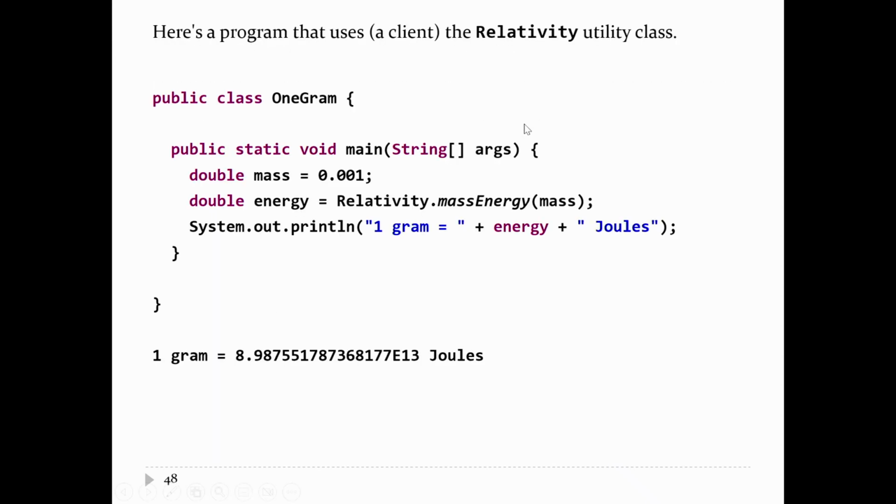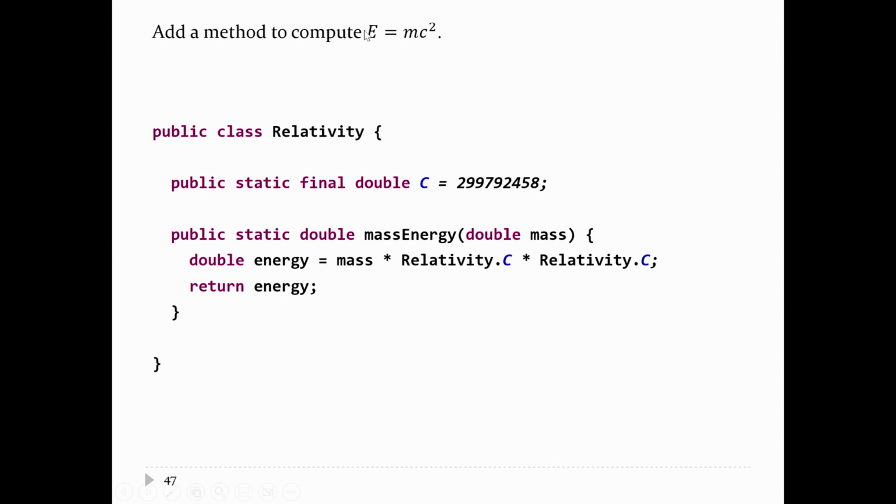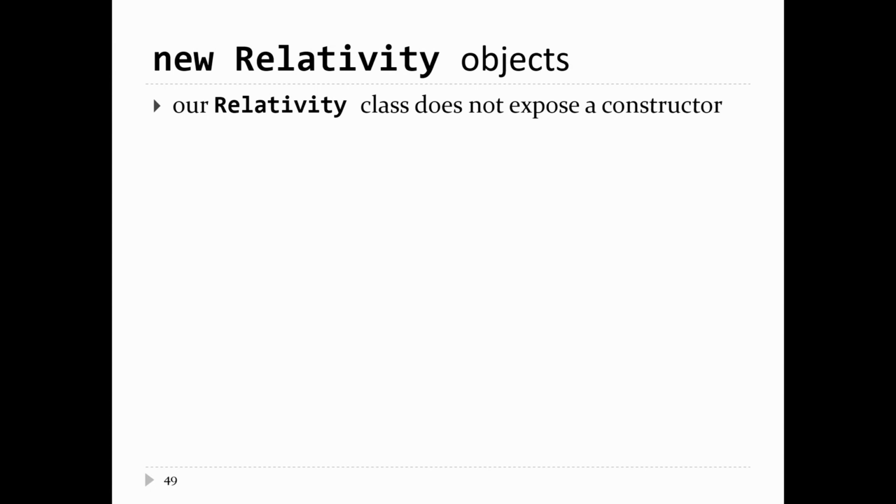Okay, so we're almost done. Utility class, everything's static. There's just one problem with our class. We don't have a constructor. However, you can write a constructor call, and that will work just fine. You can make a new Relativity object using the no argument constructor. Why can you do that?